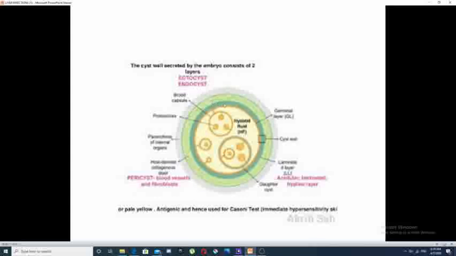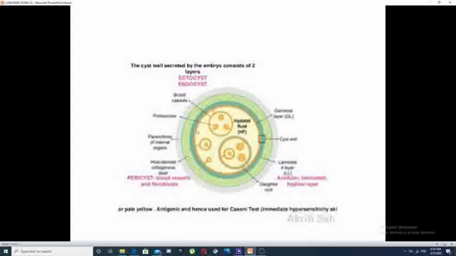And the middle layer, which is called endocyst, which is the outer layer of the parasite. The third, or the inner small layer, is called the germinal layer. And this layer is the only living part of the hydatid cyst.